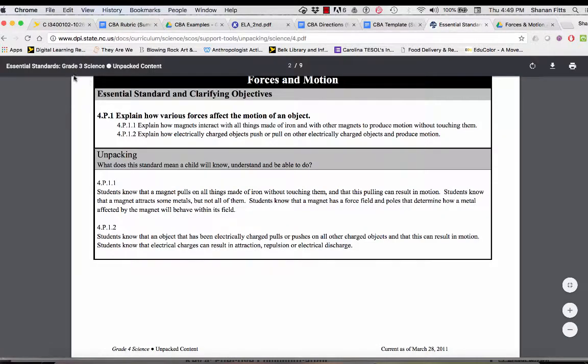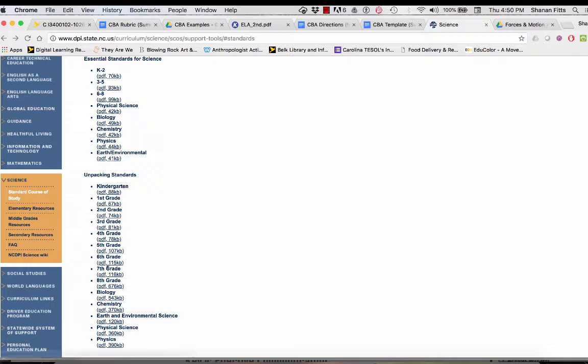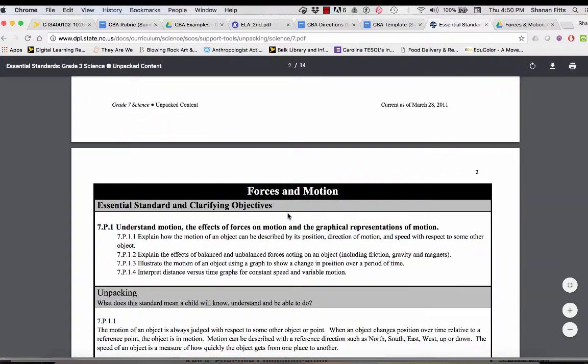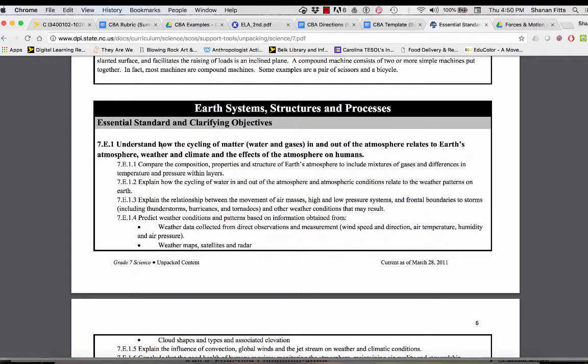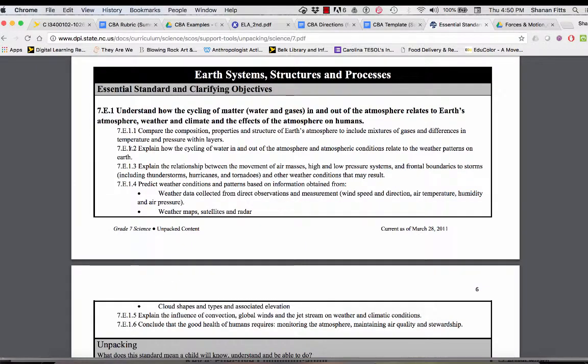As I noted before, some of the standards, like if I were to look at the 7th grade science standards, like standard 7.E.1, it has the water cycle, the atmosphere, weather, climate, and how it affects people. That might be a lot of clarifying objectives to include in one curriculum-based assessment assignment.